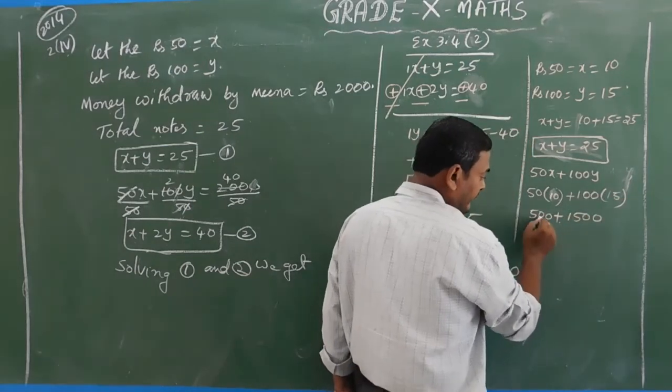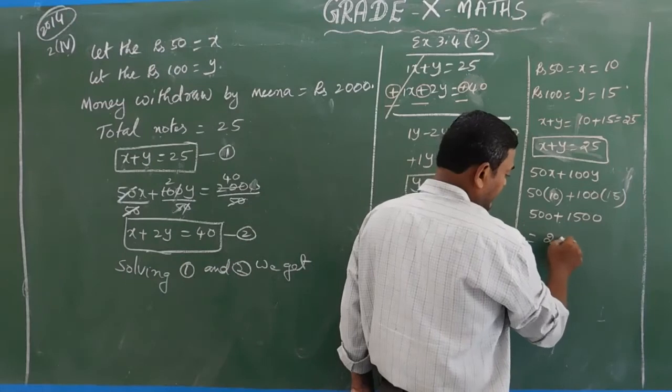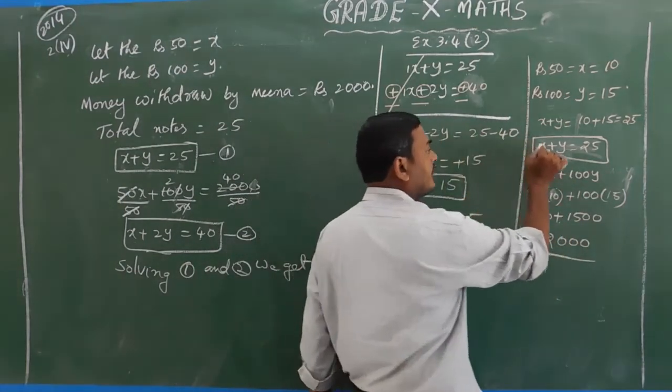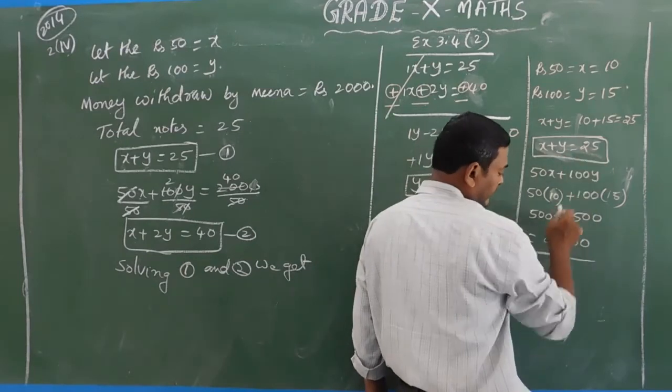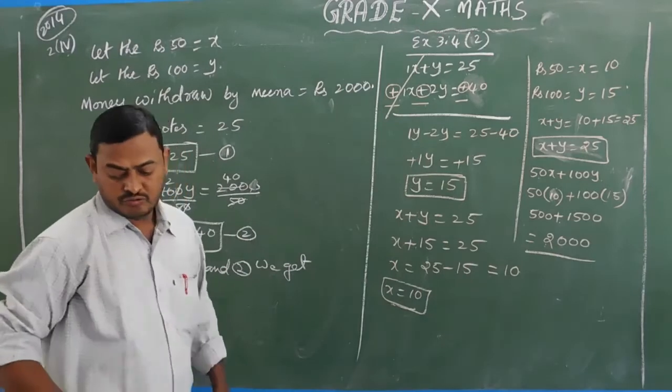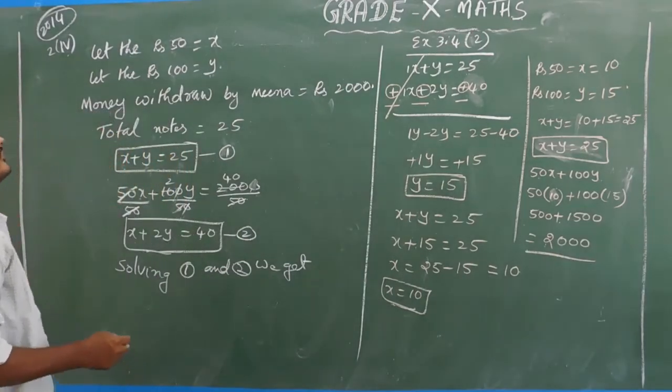That equals 500 plus 1500, which is 2000. So the sum of notes is 25 and the total amount is 2000. We verified.